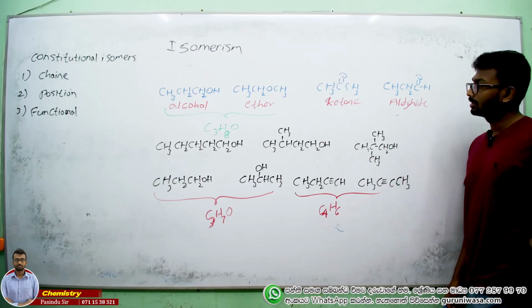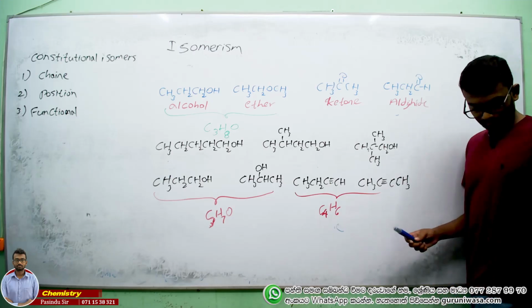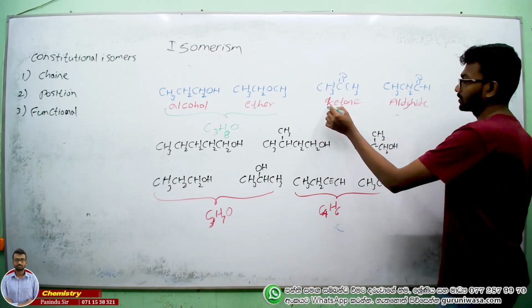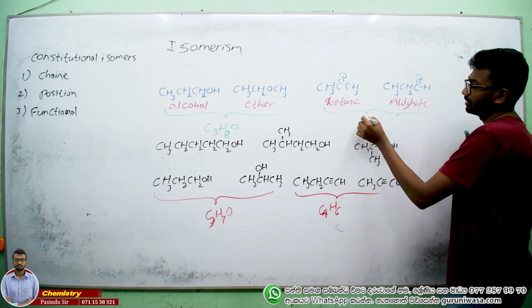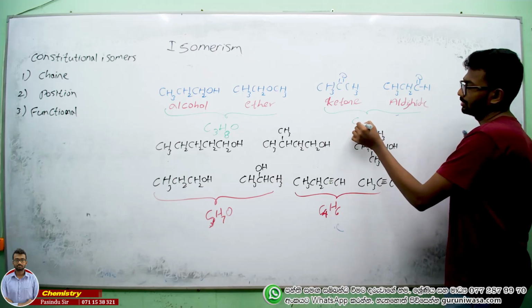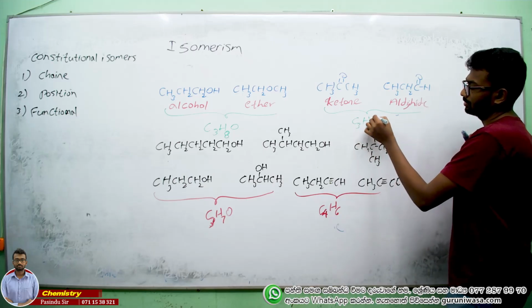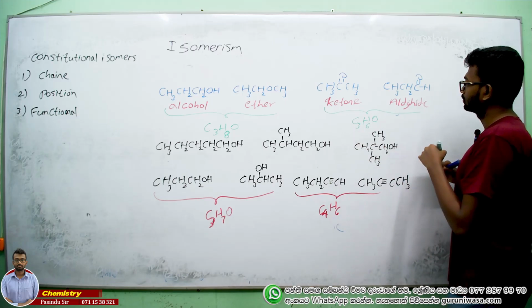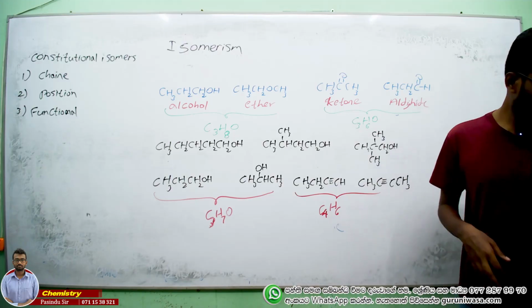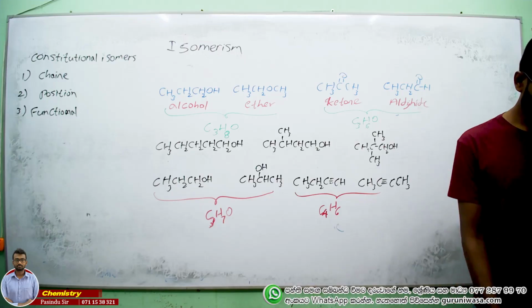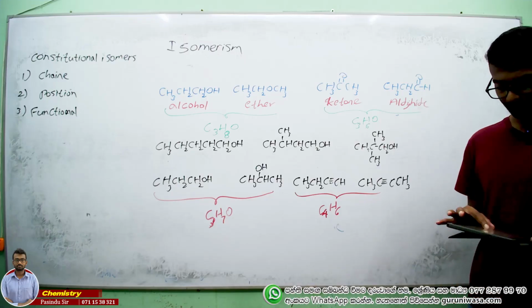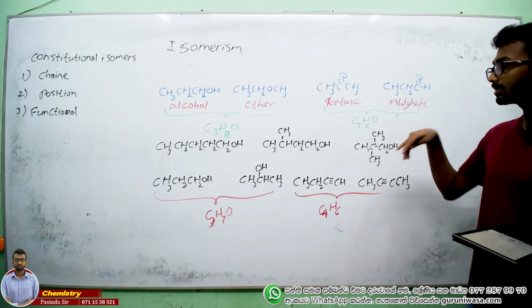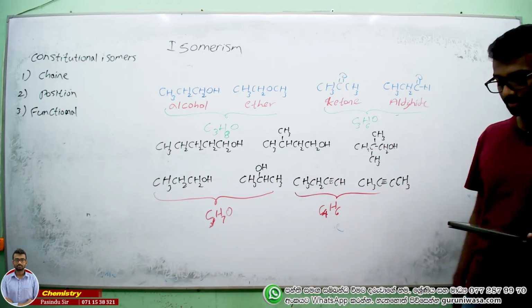Right. What is the formula? So write down this example. C3H6O. So these are very simple, right? Very simple things.